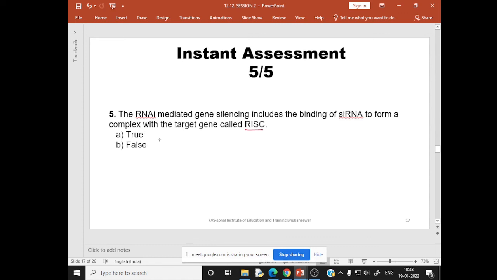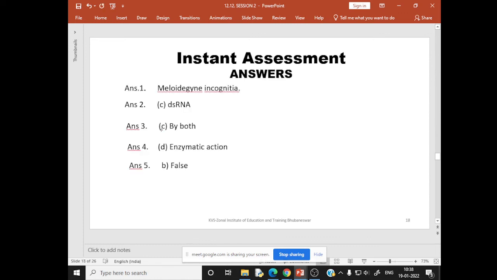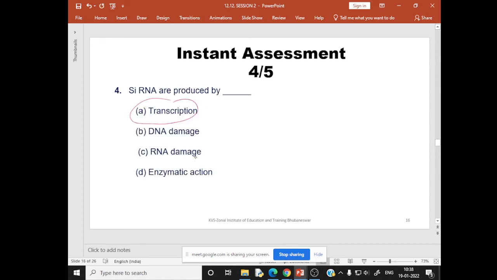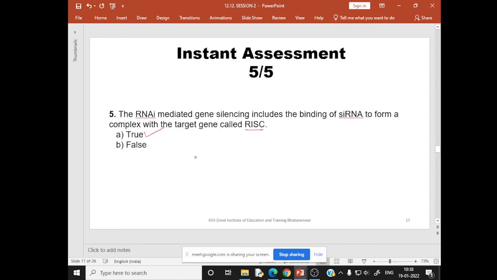So I think it is true. So we are correct in the first one, second by both, this we have done wrong. Let us see the fourth, by enzymatic reaction, and it is false.